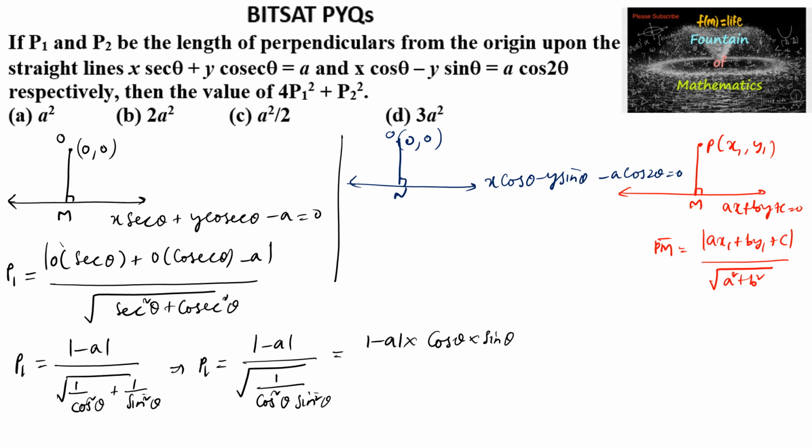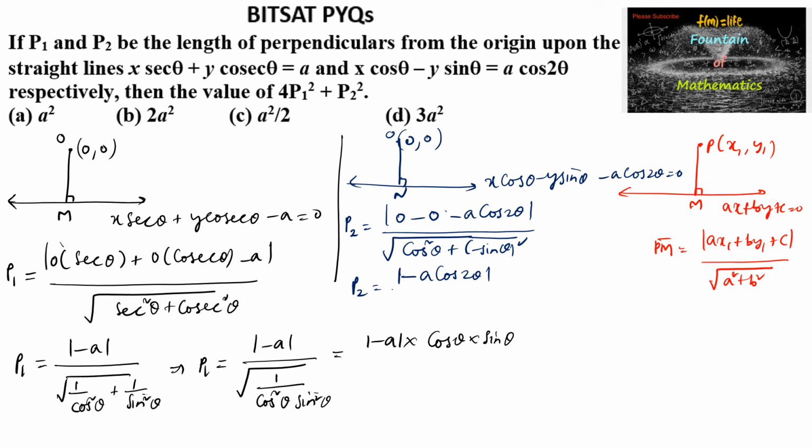So let us consider ON, which is given by P2 is equal to the perpendicular distance, that is x into 0 minus y into 0 minus a cos 2 theta divided by under root of cos square theta plus (minus sin theta) whole square. So we know cos square plus sin square is 1. So P2 is equal to mod of minus a cos 2 theta divided by 1, which is mod of negative a into cos 2 theta.